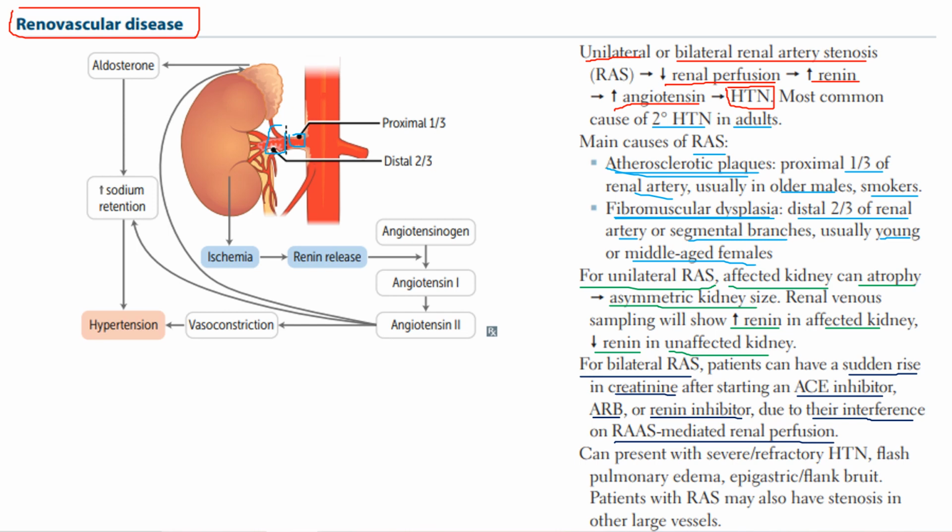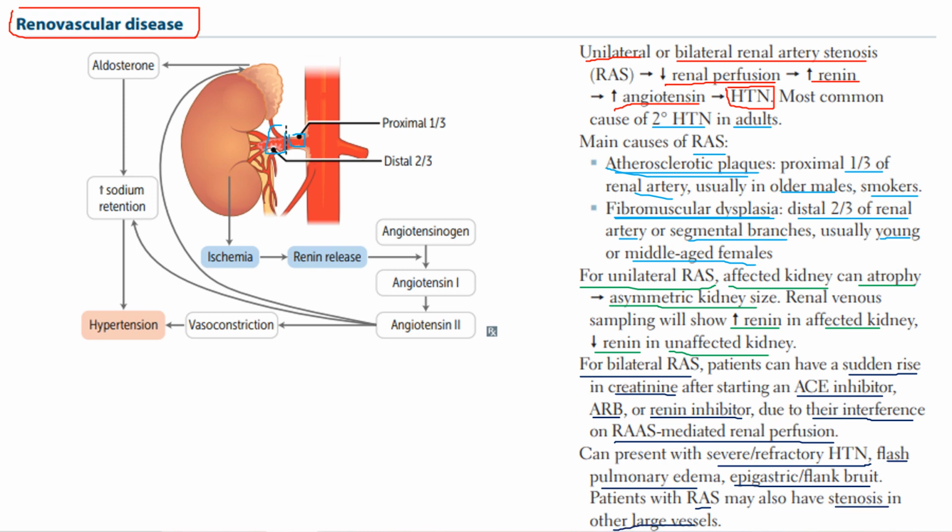It can present with severe refractory hypertension, flash pulmonary edema, and epigastric or flank bruit. Also, patients with RAS may have stenosis in other large vessels.